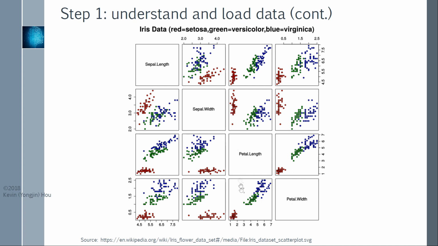Similarly, petal length is the same thing. Everything on this column, we have petal length as the x variable, and we can see the different colors, different species, are compact together for this particular feature. It's very good to differentiate using just this variable as an indicator or predictor.